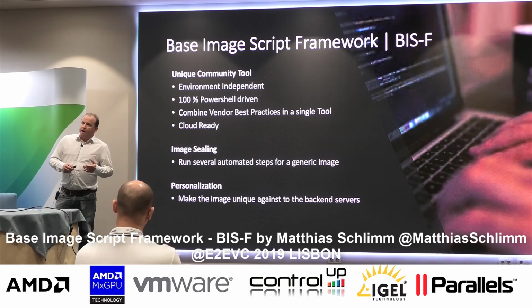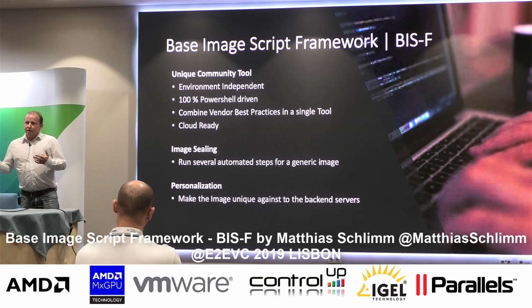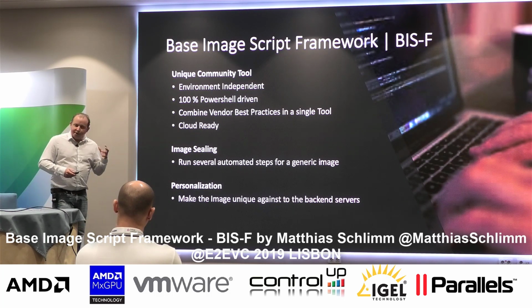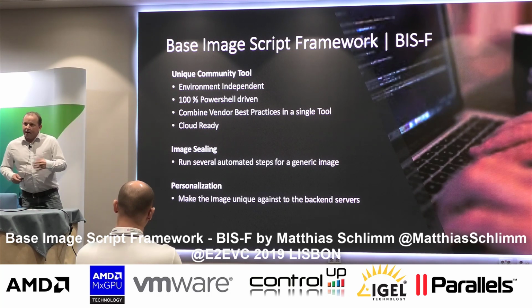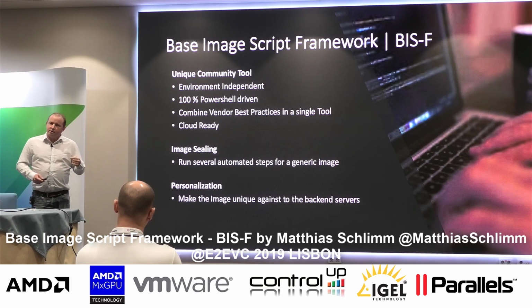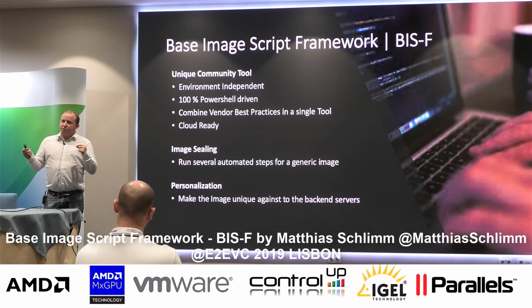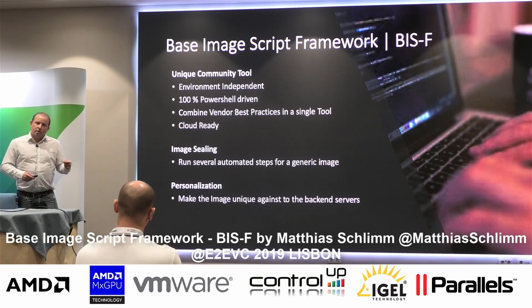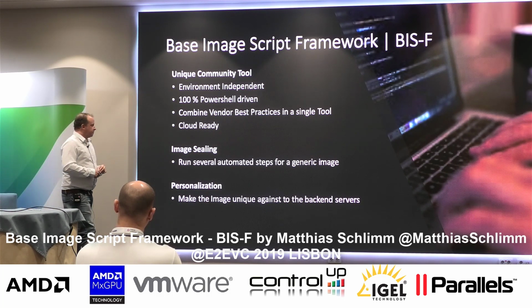Why? If you run defrag on the vDisk, it blows up your disk. You have configured it in the ADMX, but BIS-F detects whether you run it on the base disk or on the version disk and does not run defrag on the version disk itself.